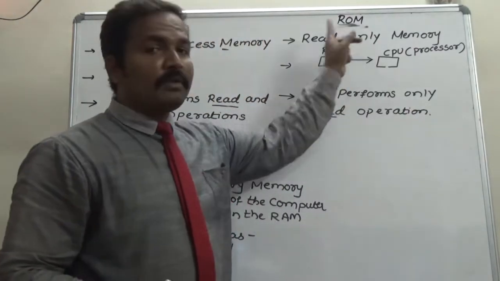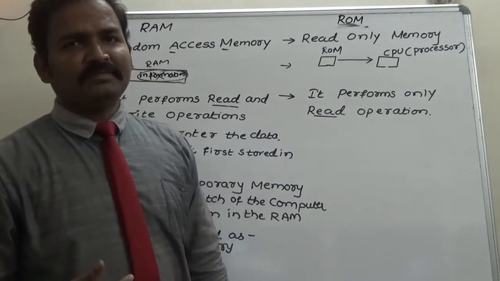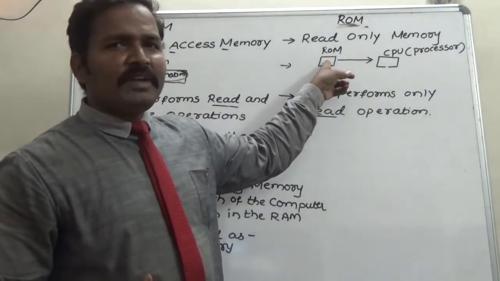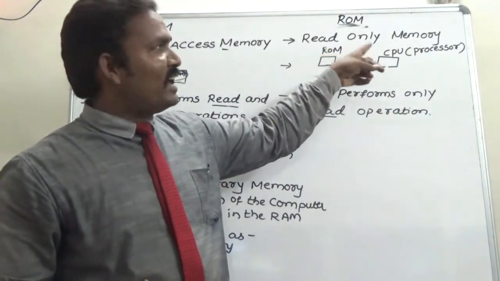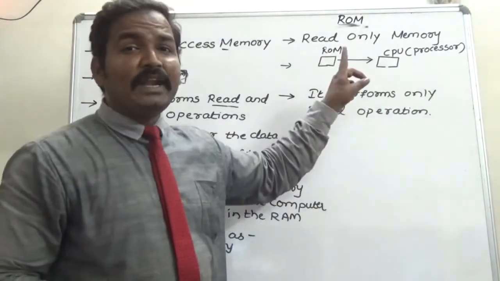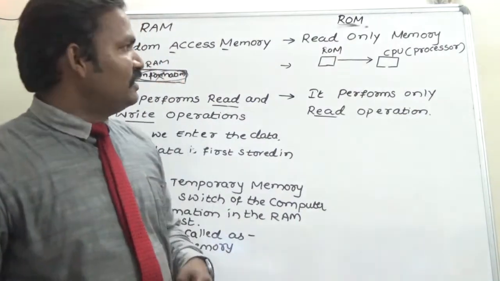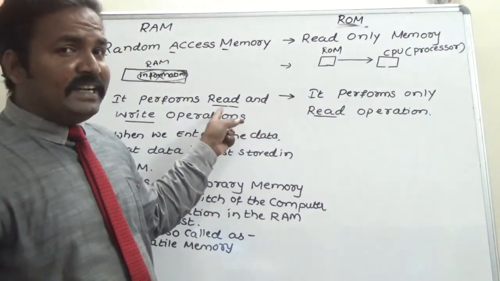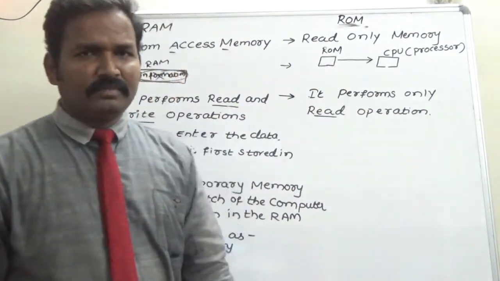As I said earlier, the information or data stored in the ROM can only be accessed by the CPU, but it cannot change it. So RAM performs read and write operations, but ROM performs only read operation.